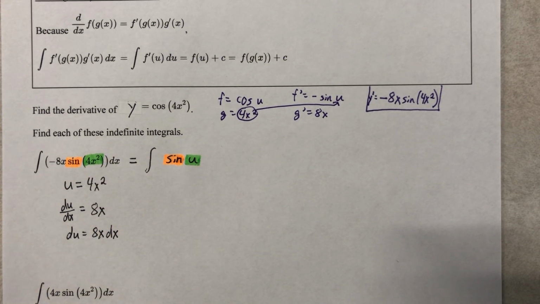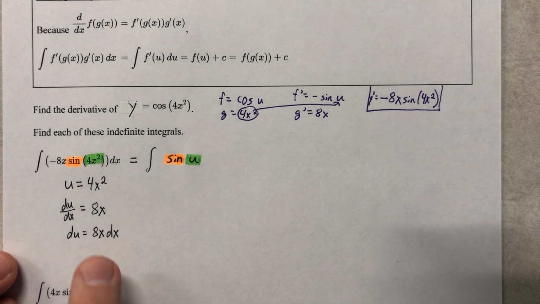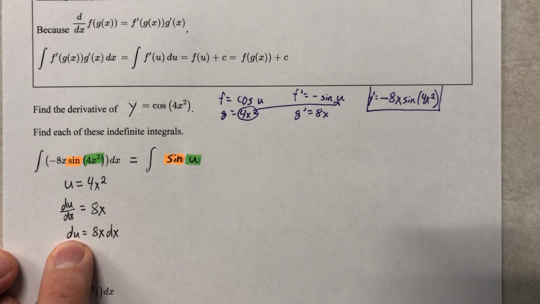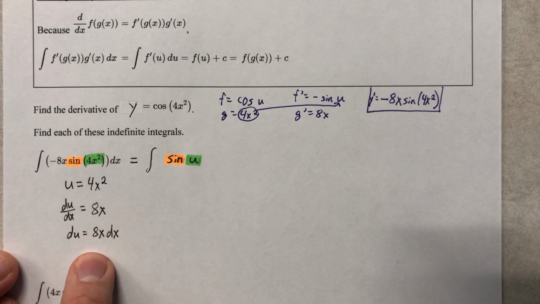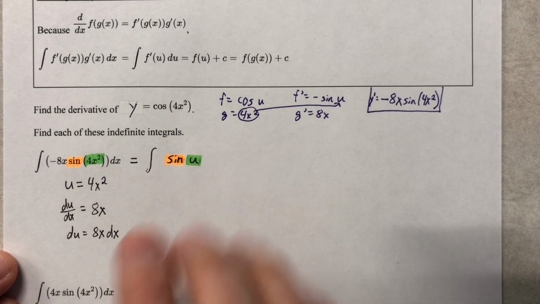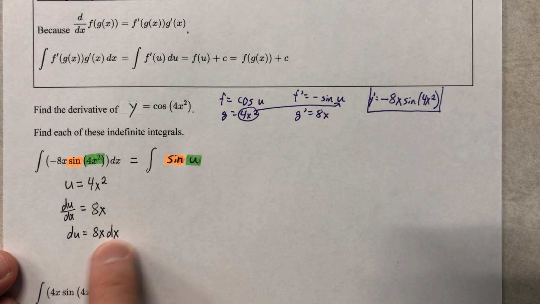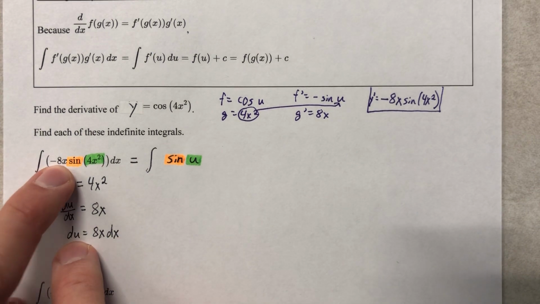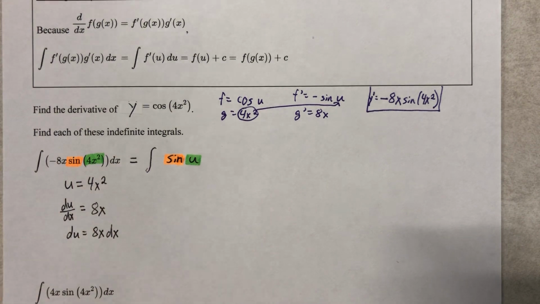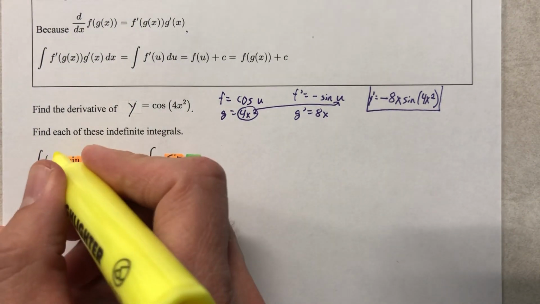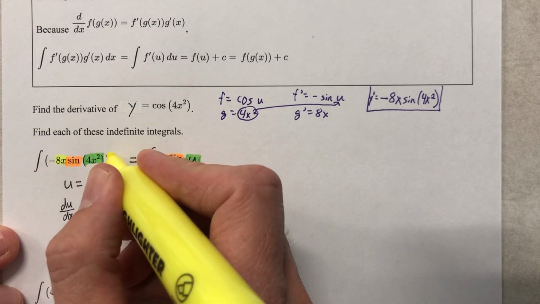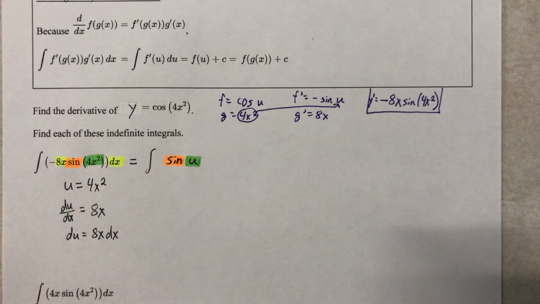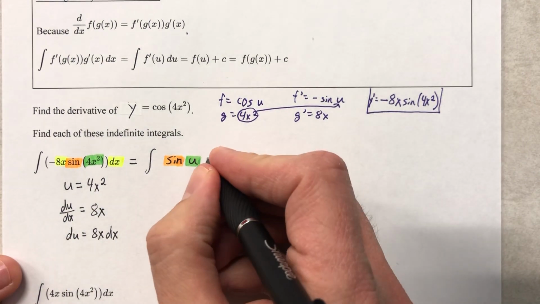Okay, well, what else are we dealing with? Well, let's see. 8x dx is du. Okay, all this work is going to help us build things over here. So 8x dx is du. 8x, not negative 8x, but 8x dx is du.